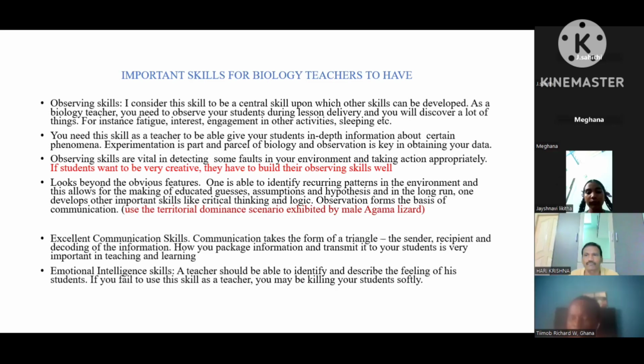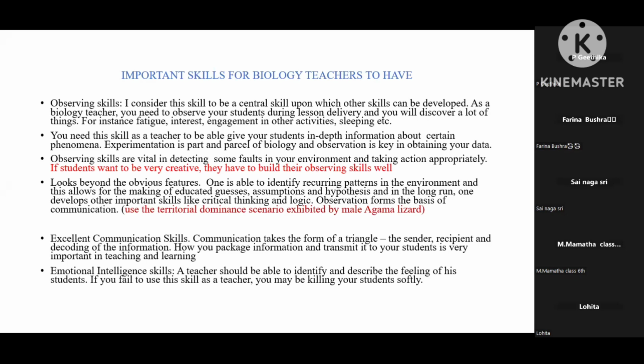Then you begin to raise possible answers to yourself. This will further lead you to conduct experiments in order to ascertain whether the guesses you were making were correct or wrong. And you see, when you are doing this, you are portraying your skills as what? A scientist.